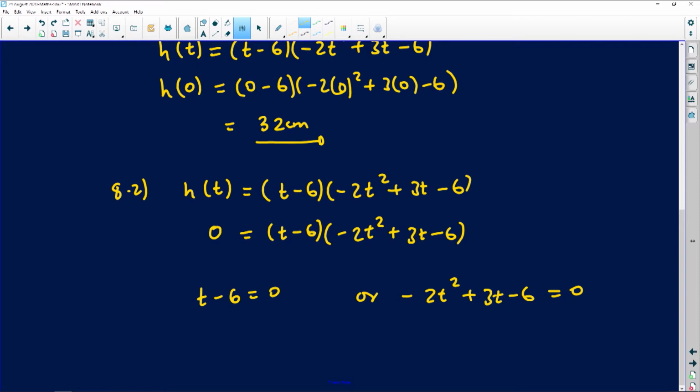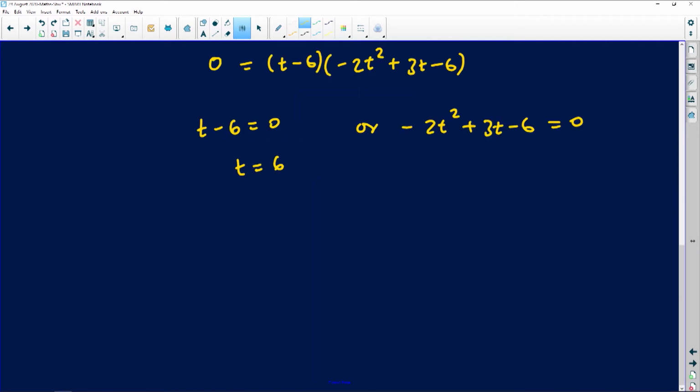Now that means when t was 6, this fly did manage in fact to get to the floor. Now we're going to try and find the t's for this particular quadratic equation. I feel like for this quadratic, you're going to have to use the quadratic formula to figure out the answer. So negative b plus or minus the square root of b squared minus 4ac, all over 2a.